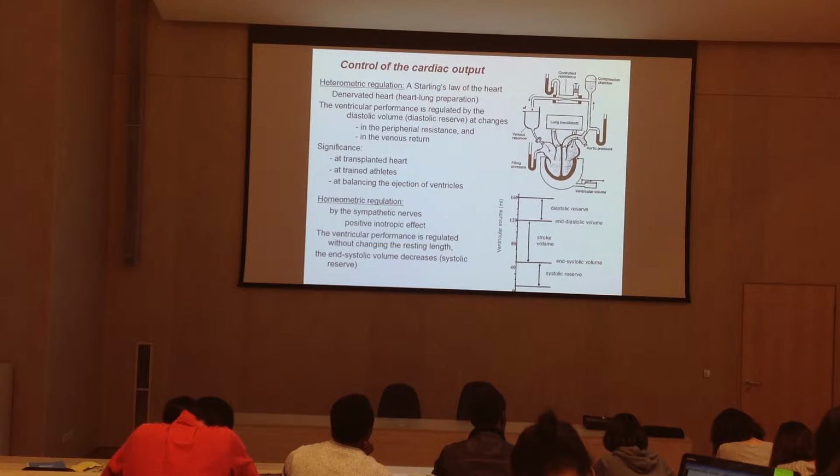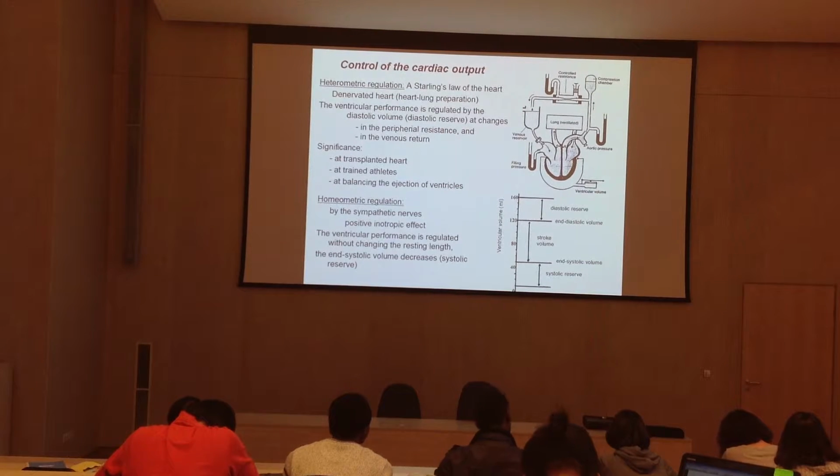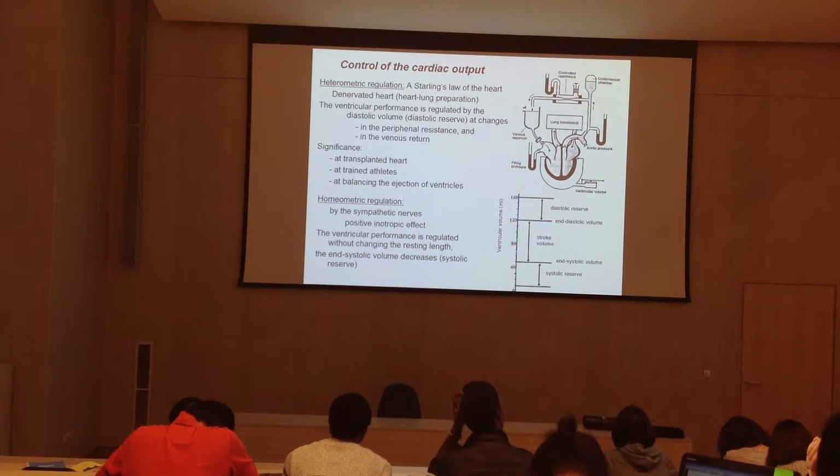There is no change in the resting length, but the contractile force will be larger. Here at the heterometric regulation, the contractile response can be larger without any adrenergic stimulation, without any sympathetic excitation, only just increasing the length.